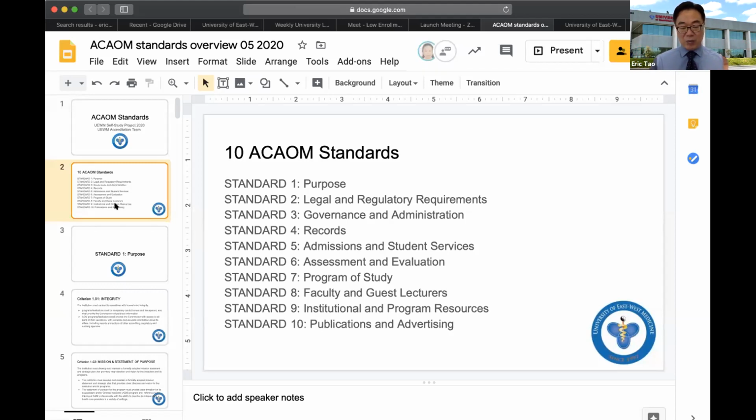Number eight is the faculty qualifications. Number nine is how do we plan the finance and resources, including technology, building, and library. And the last one is how do we properly do publication and advertising, including our website and our catalog.